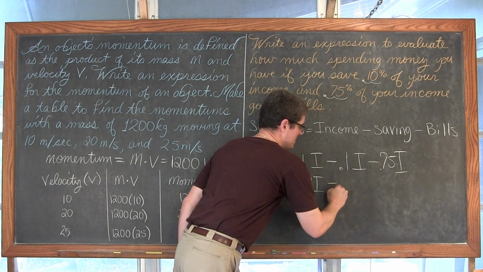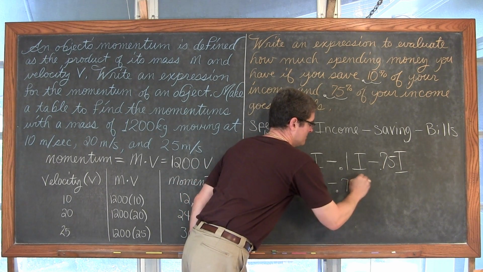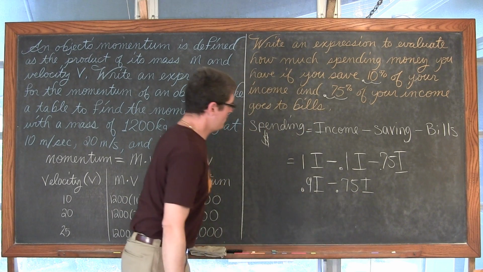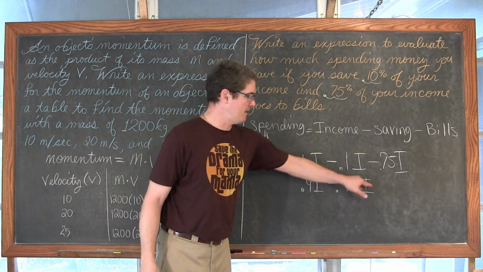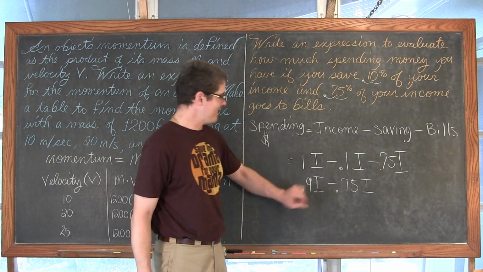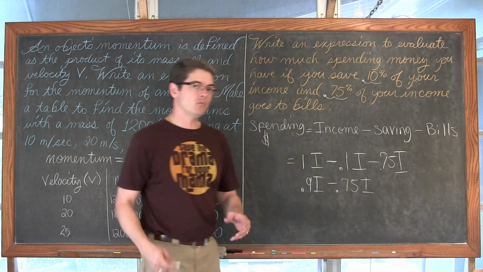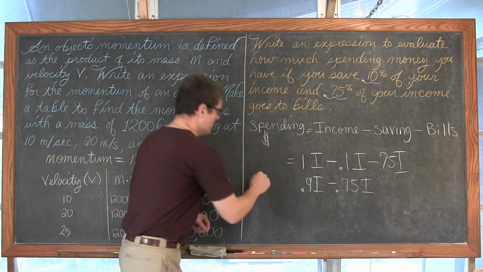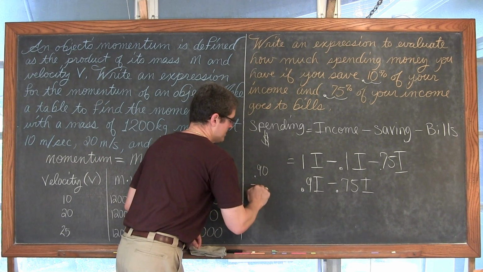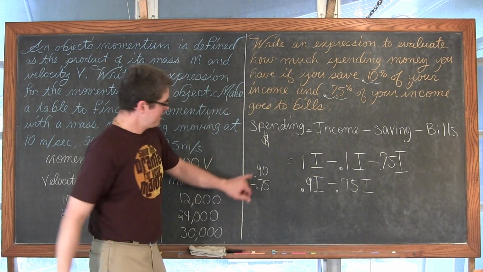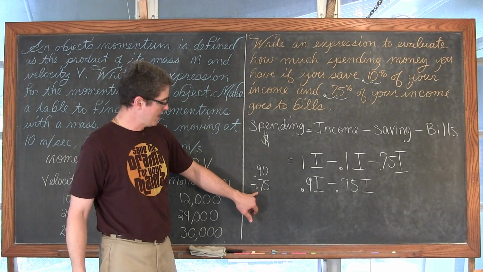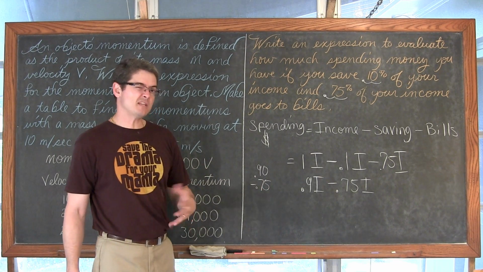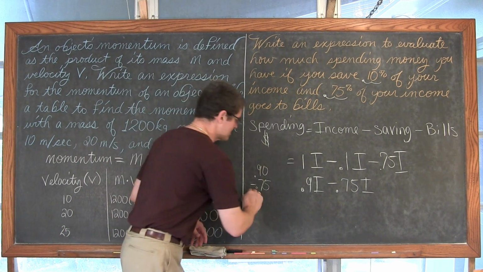Just going to do one thing at a time. And now we've got 0.9I minus 0.75I, and 0.90 minus 0.75, 90 minus 70 is equal to 20, and then 20 minus 5 is 15. But I'm doing that mentally, so maybe that's a little bit confusing.